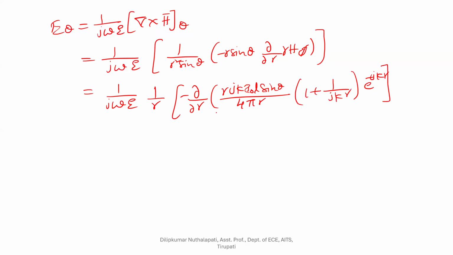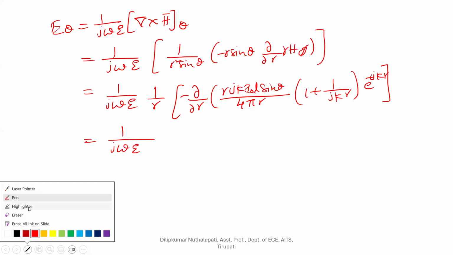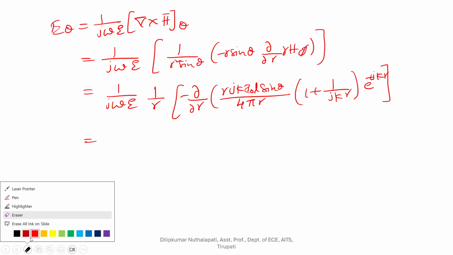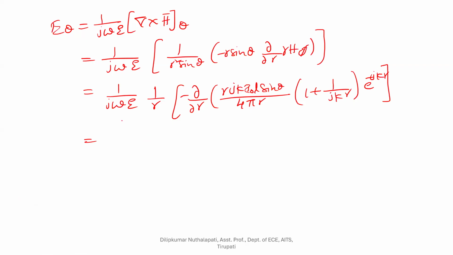So after doing the differentiation, as the differentiation here is with respect to r, the terms will be there here, 1 by j omega epsilon, and there are certain common terms also. So let us take that common term out, that is minus j k I naught L and sine theta.